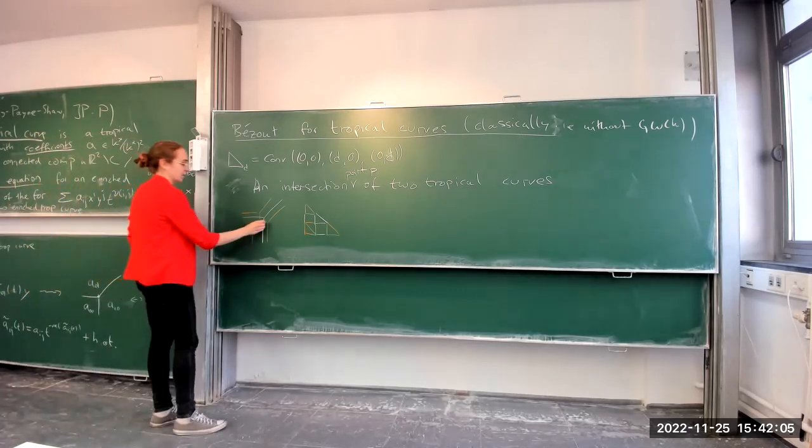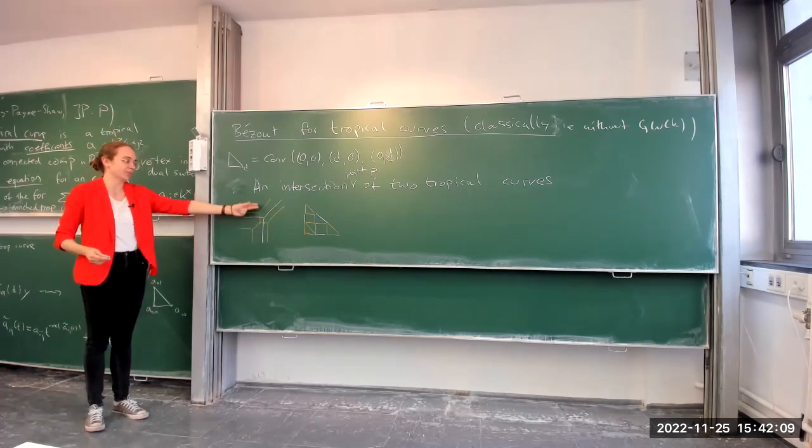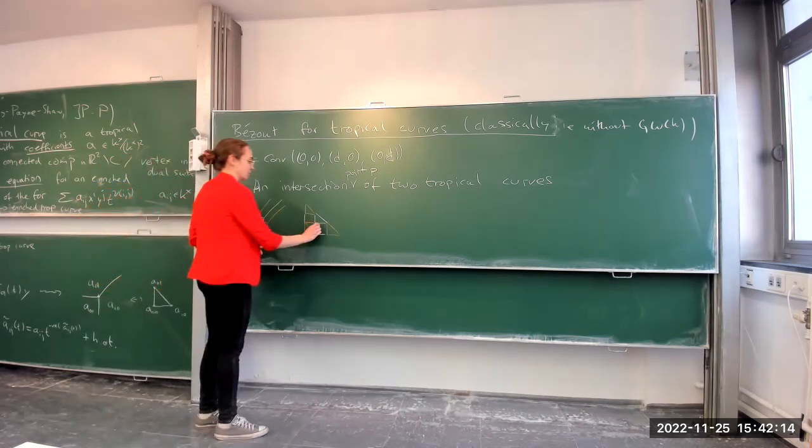Here we can observe that the union of two tropical curves is a tropical curve again. In the dual subdivision of the union, this corresponds to a parallelogram.